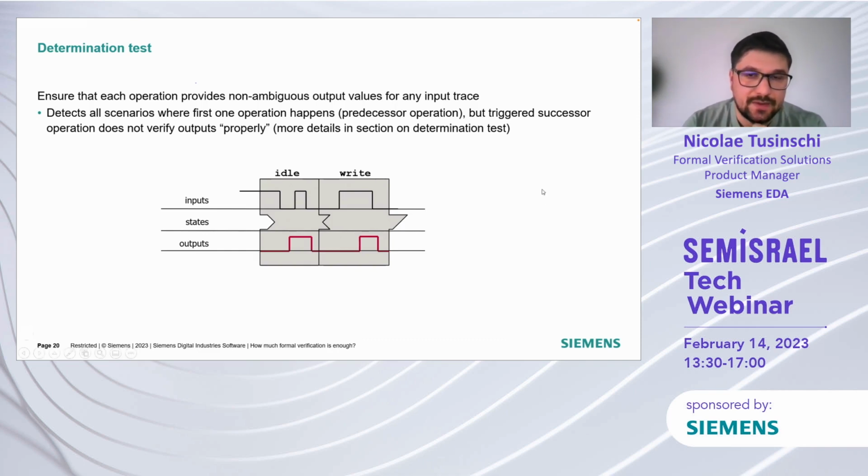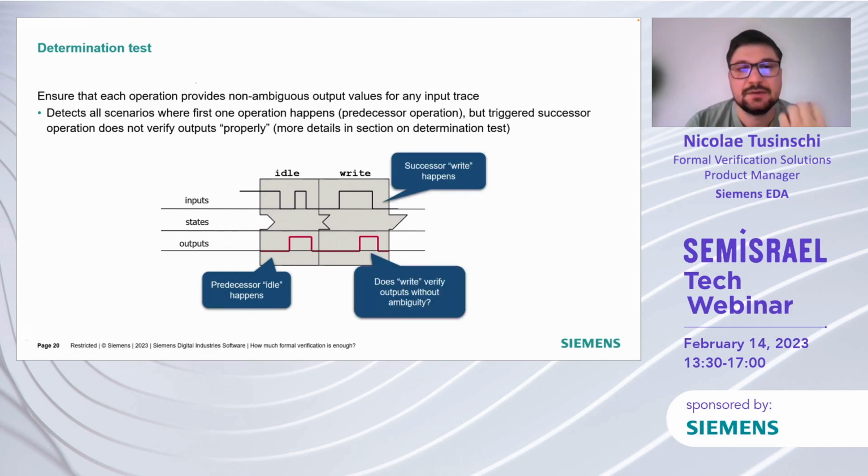If you look at the graph here, we have the idle, the write was the candidate, which is good, but it checks that write verifies the output properly. So the idle happens, successor write happens, and does write verify outputs without ambiguity? This is the question that the determination test is actually verifying.